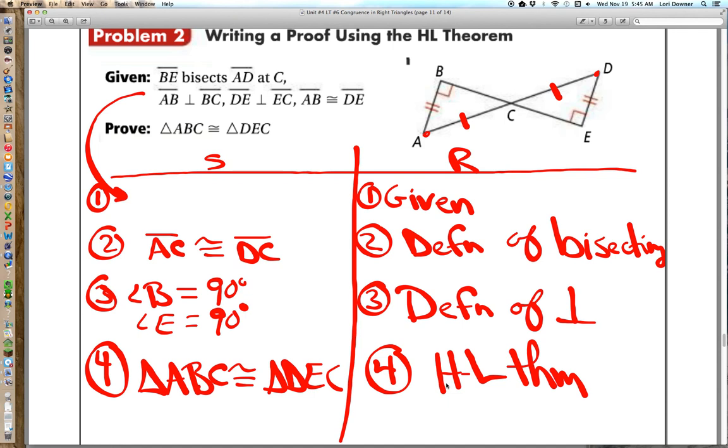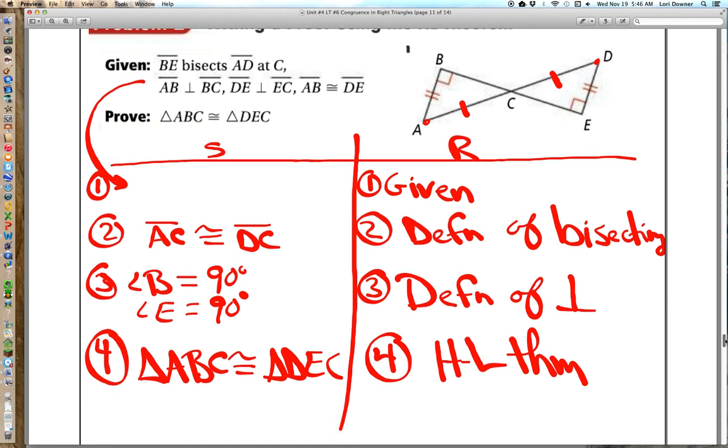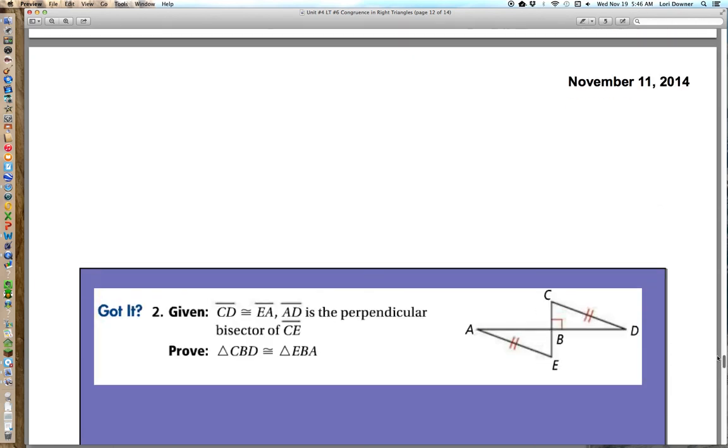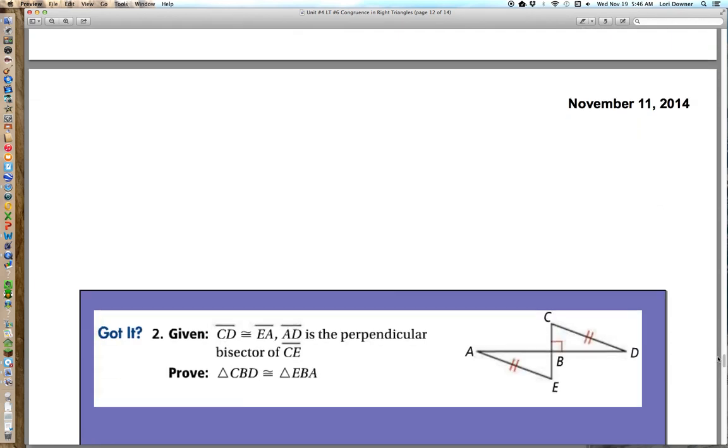So pause the movie, add this to your notes, press play when you are finished. Okay, it really is that simple, where you're just basically taking an example, seeing if you have your right triangles, and then making sure that the hypotenuses and the legs are congruent. One set of legs and the hypotenuse, and then triangles congruent. Okay, try this one on your own and press play when you are finished.